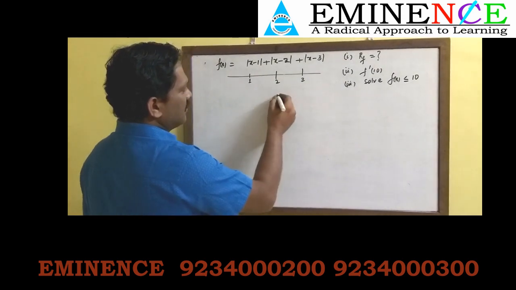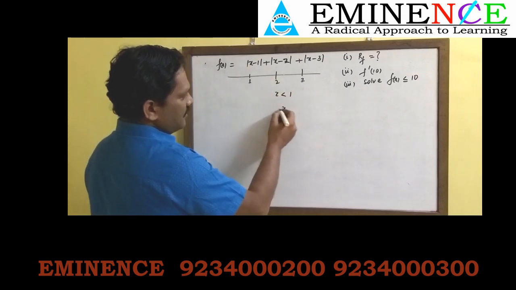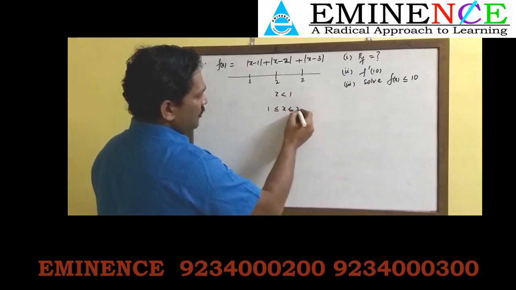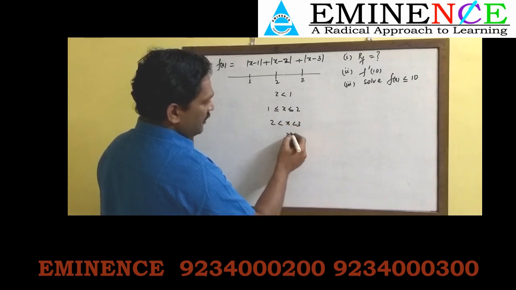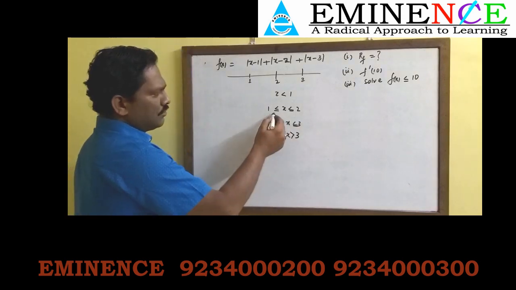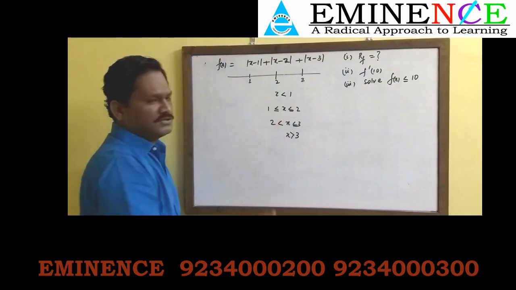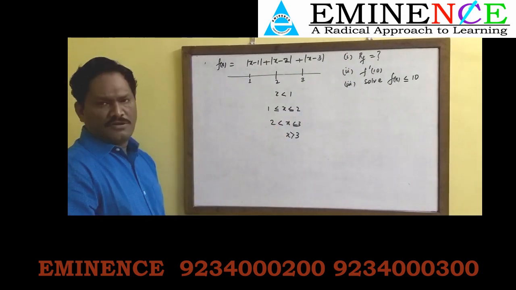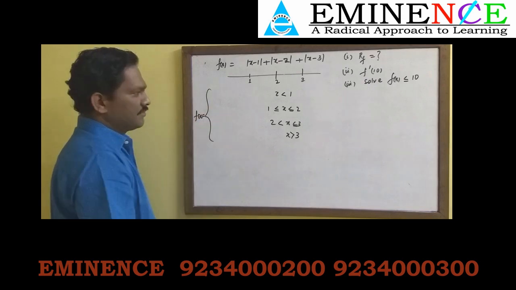The first interval is x less than 1, then you have 1 to 2, then you have 2 to 3, and finally x greater than 3. See, equality you should never be confused about. You can put the equality on the left side as well as the right side, anywhere you like, or according to the question given.